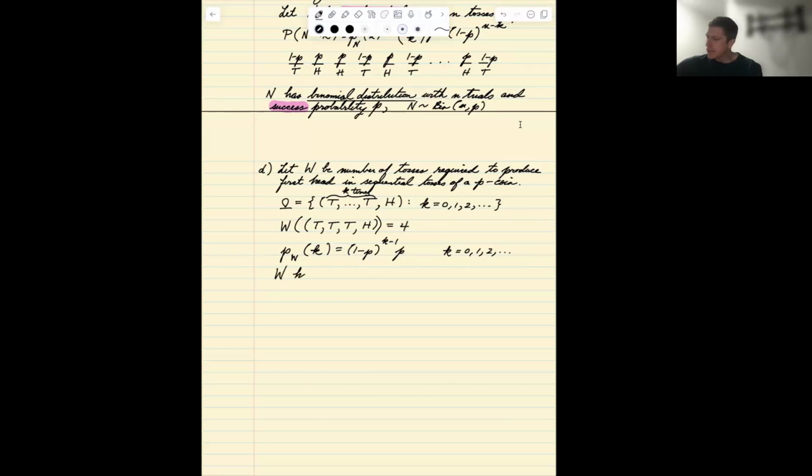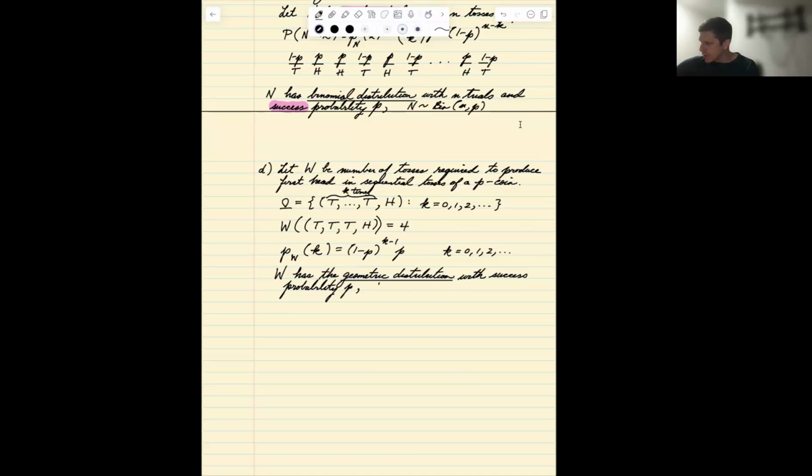In this case, we say that W has the geometric distribution with success probability p. Again, the terminology is that we call it a success once we stop.